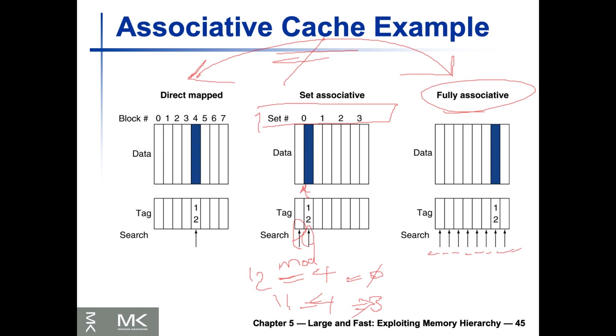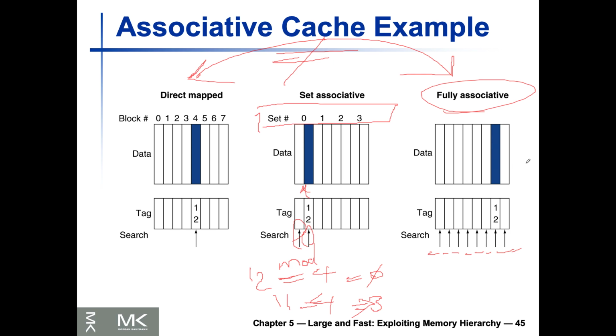Fully associative means inside your cache, you don't have any sets. You can place a block anywhere. But in order to find out if it's a miss or hit, you need all these comparators to search.